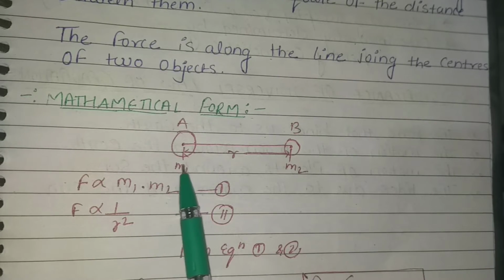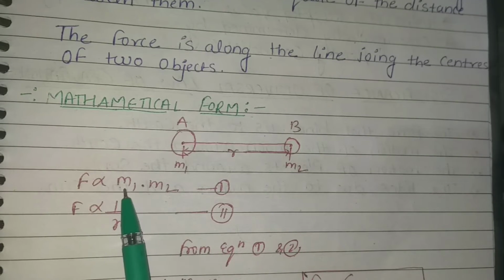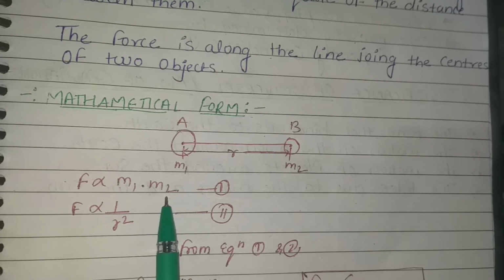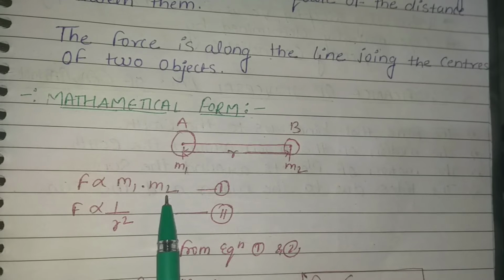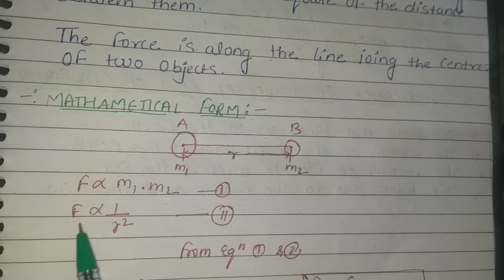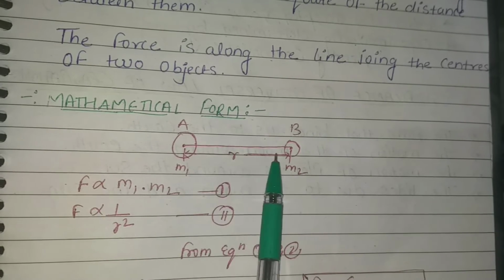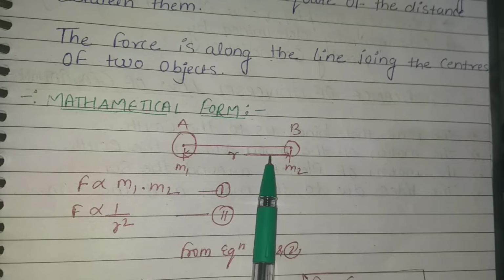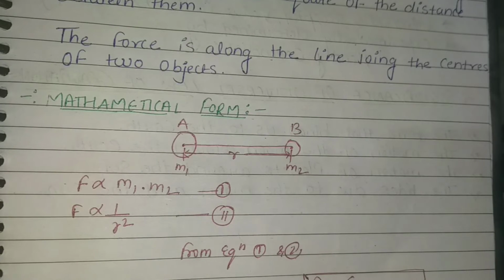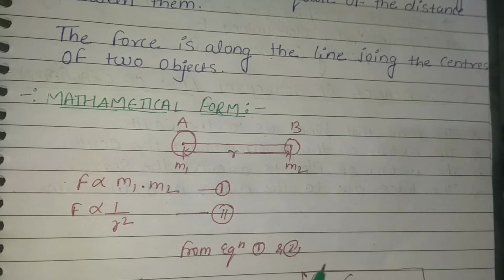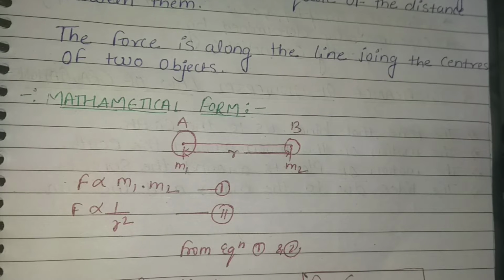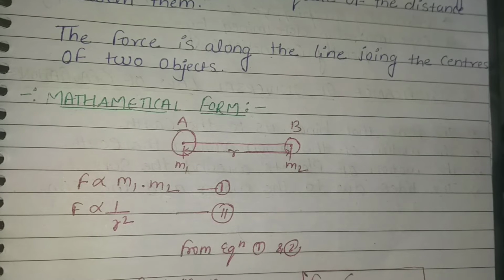Let us suppose the mass of Earth is m1 and the mass of the moon is m2. Now the force is also inversely proportional to the square of the distance between both the objects. So students, from equations 1 and 2, we get force is directly proportional to m1 into m2 divided by r square.